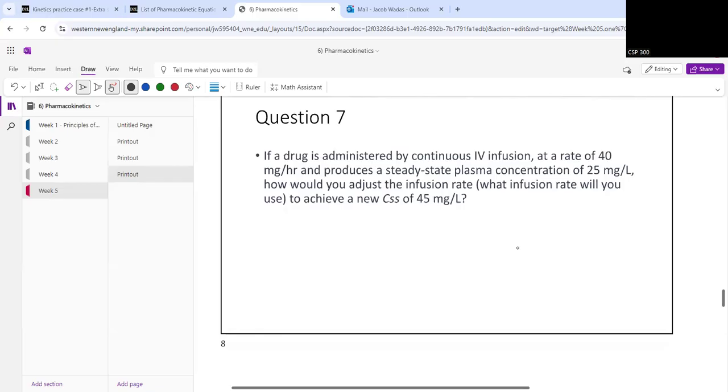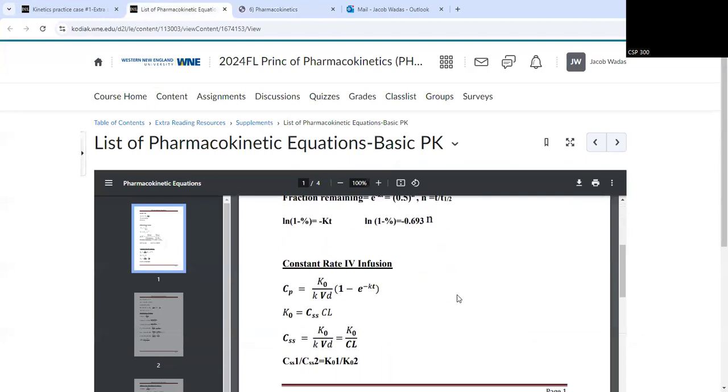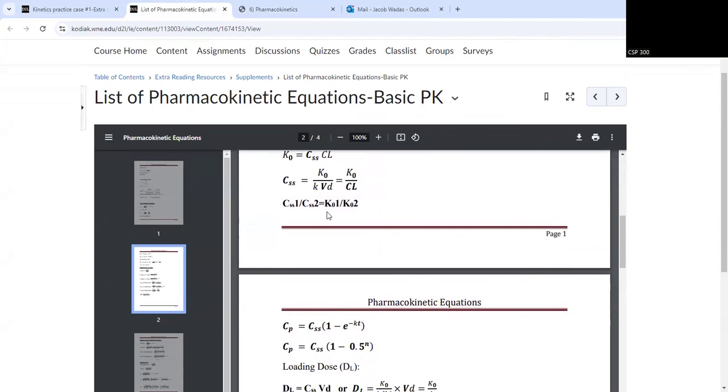So in order to do this, you would do CSS1. If you go here to the equation sheet, you see CSS right here. Since CSS and K0 are above the line, that means that they're directly proportional, or directly related.